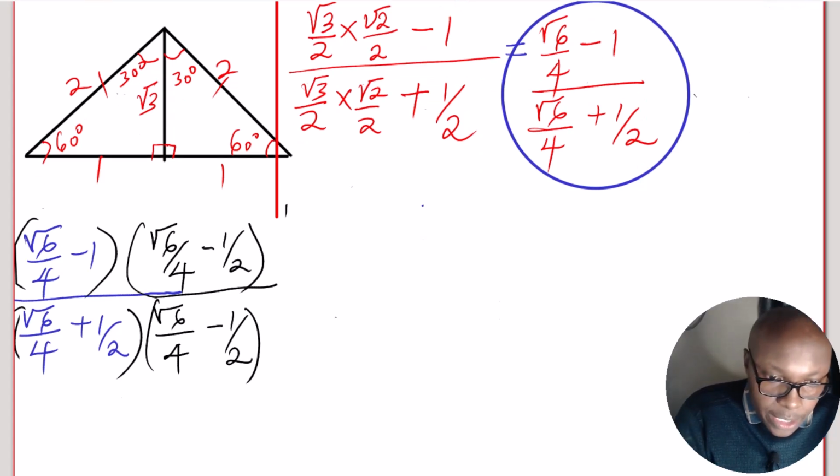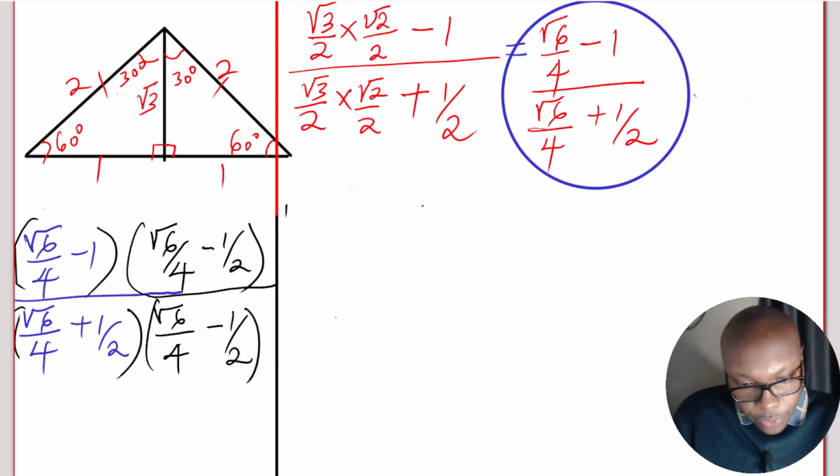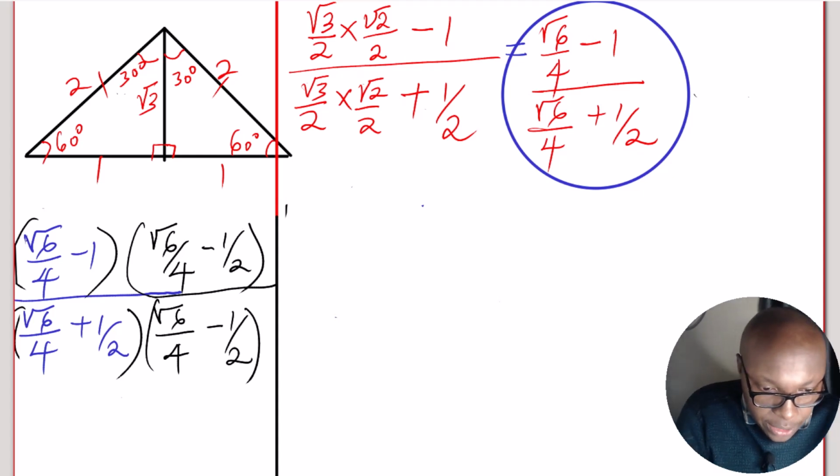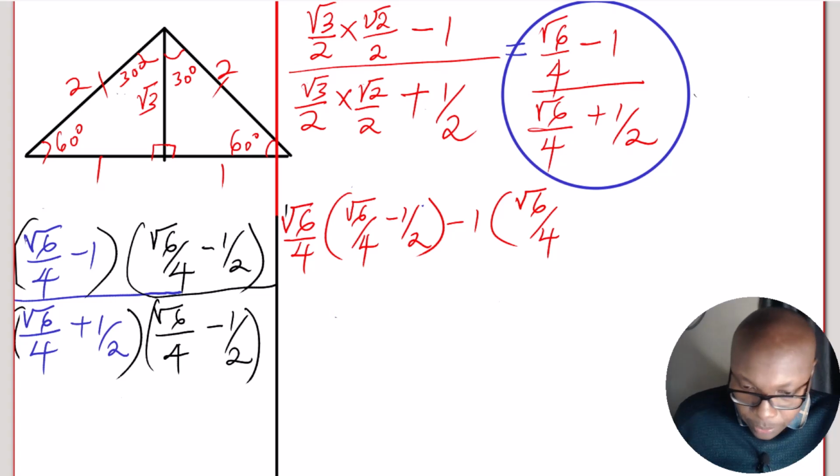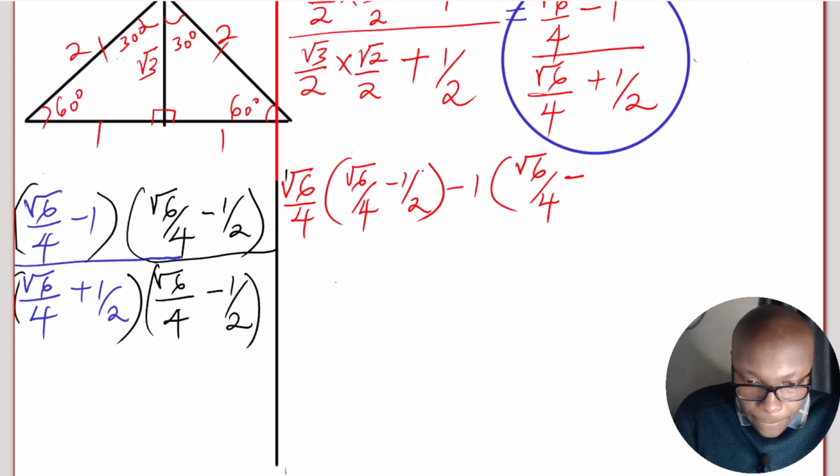So we can begin straight by working out the numerator. So we expand. Numerator: root of 6 divided by 4, multiply by root of 6 divided by 4, subtract a half, and then take negative 1, multiply by root of 6 divided by 4, subtract a half, we're expanding.